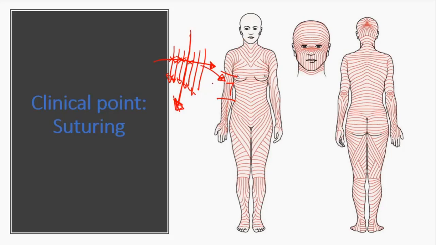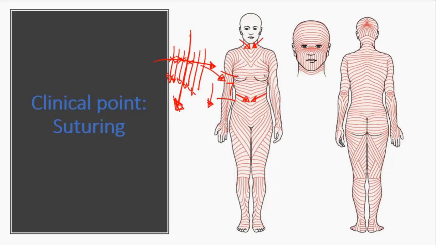In the same sense, in your arm the collagen in your dermis is traveling in this direction. Along your neck, it's traveling like this and like this. On your abdomen, it's traveling in this direction and this direction. On your legs, it's traveling in the directions you can see on the screen, and on your face, it's traveling almost horizontally.